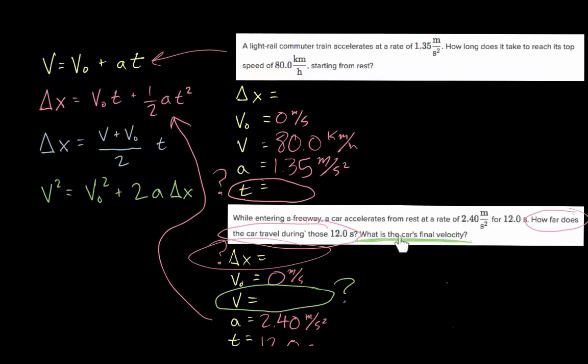But assuming we didn't find that yet, we could look at this and say, what's the car's final velocity? I want to look for an equation that has v in it and has these other three things that I know. If you check through here, it would actually end up being this one again, the equation that doesn't have the change in position in it.